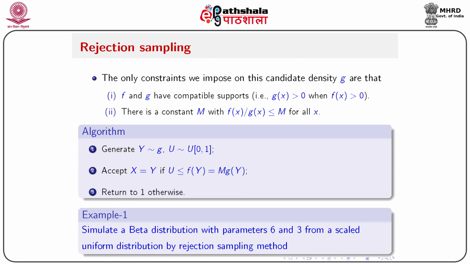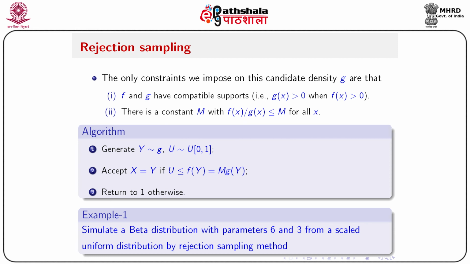So these are the two constraints, and the algorithm is: generate Y from g and U from uniform(0,1), then accept Y if U is less than or equal to f(Y)/(M g(Y)), otherwise return to step 1. Now we are going to implement this algorithm in R with some suitable examples.